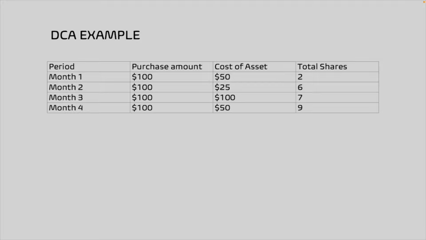Here, you are investing over a 4-month time span, buying $100 at a time, no matter what the price is in the market at the time that you buy. You wind up with a total of 9 shares with an average cost per share of $44.44. Your portfolio value is $450.